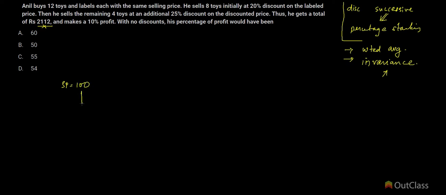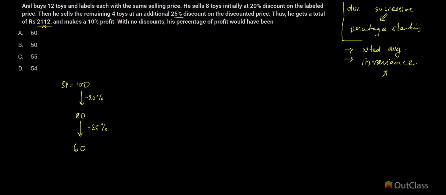Now after the one discount, reduce it by 20%, it becomes 80. Reduce it by a further 25%, 1/4, and it's gonna become 60. Now weighted average does not depend on the actual quantities but only on the ratio of the quantities.